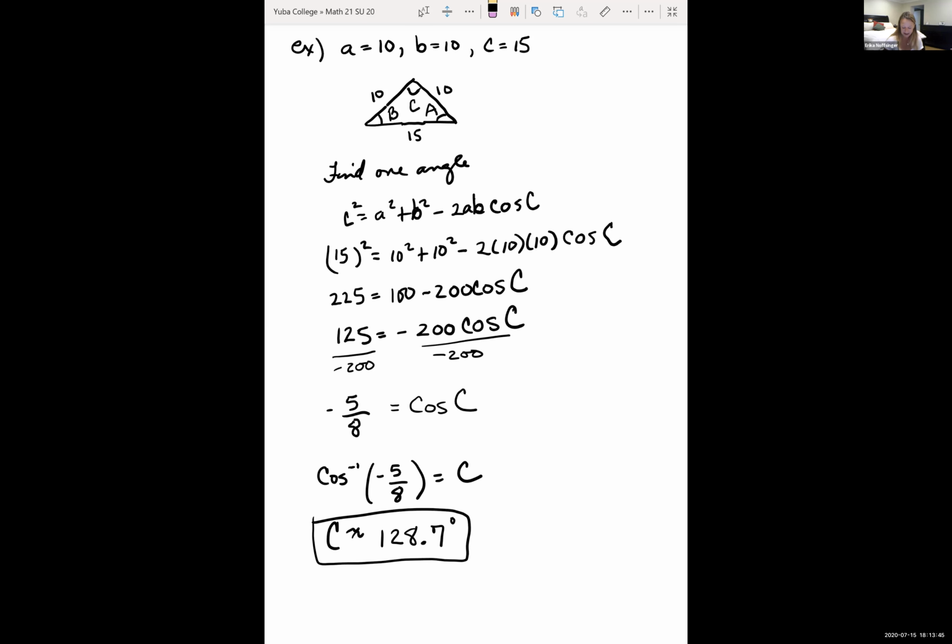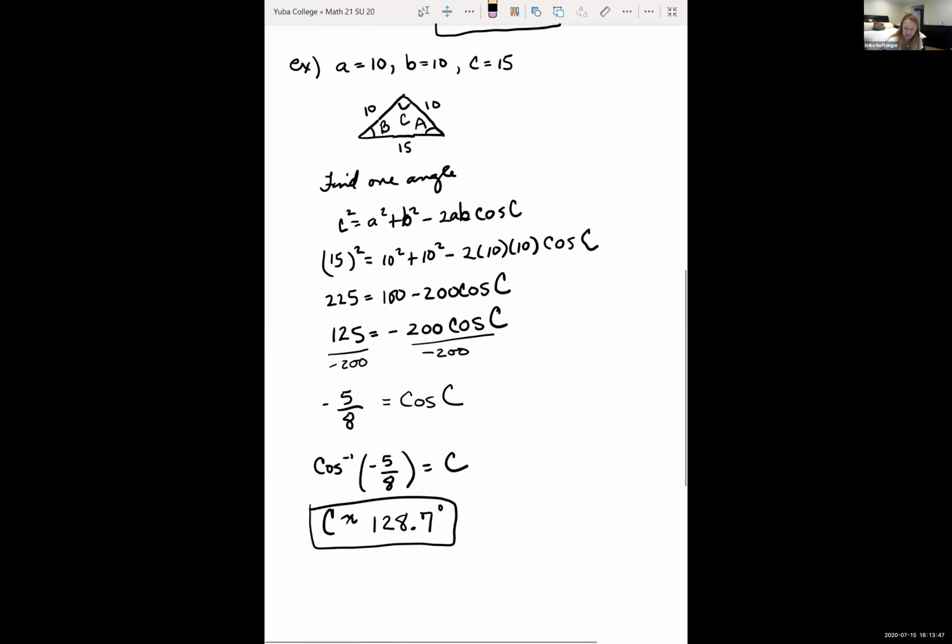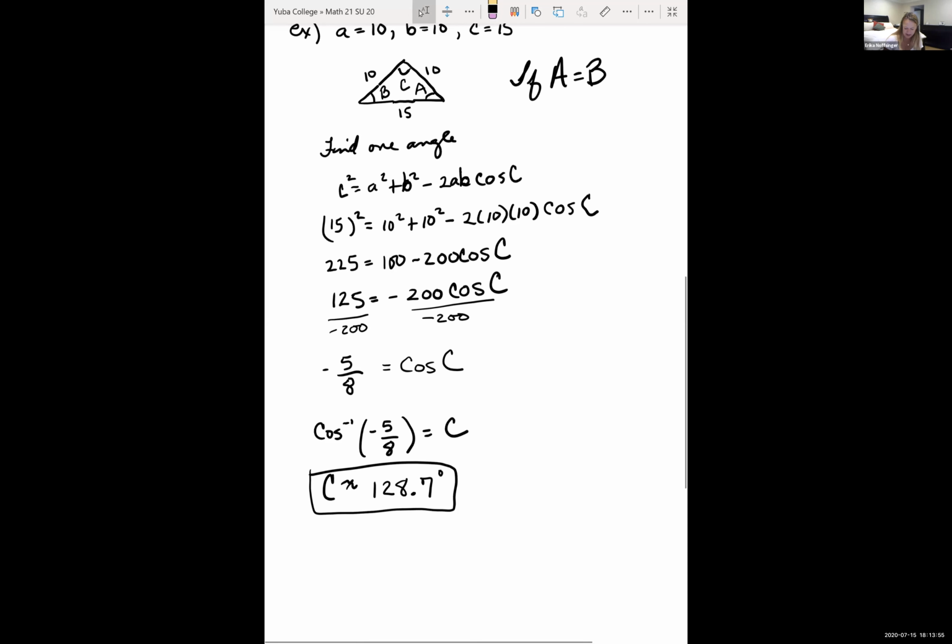If A has to equal B, then we know that angle A is equal to 180 degrees minus C, 128.7 degrees.